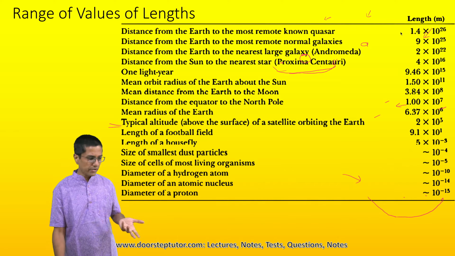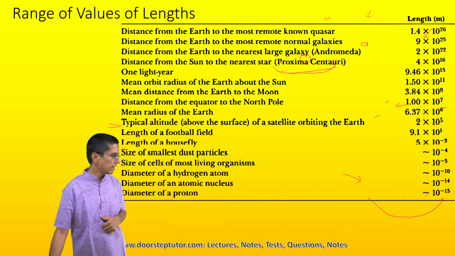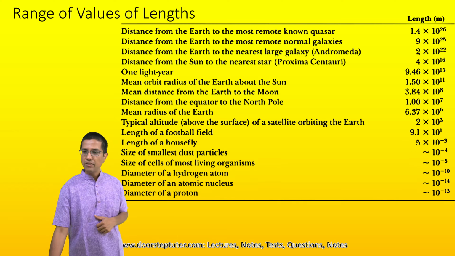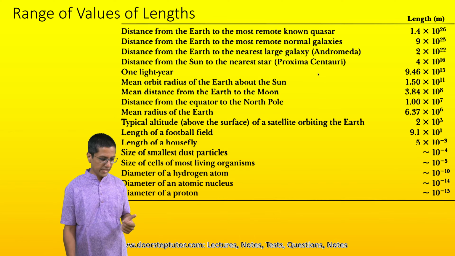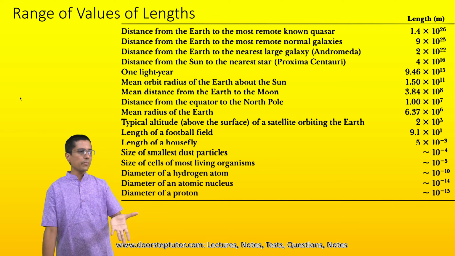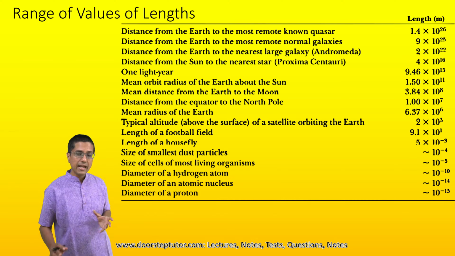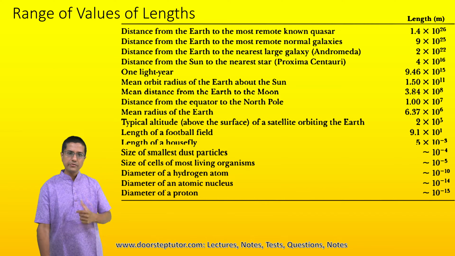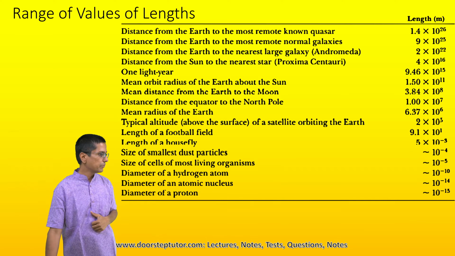Here, for example, when we are looking at galaxies and astronomical measurements, our lengths become very large. If you look at the top portion of this table, those are very large lengths, and we have to measure those, of course using various methods like the parallax method.